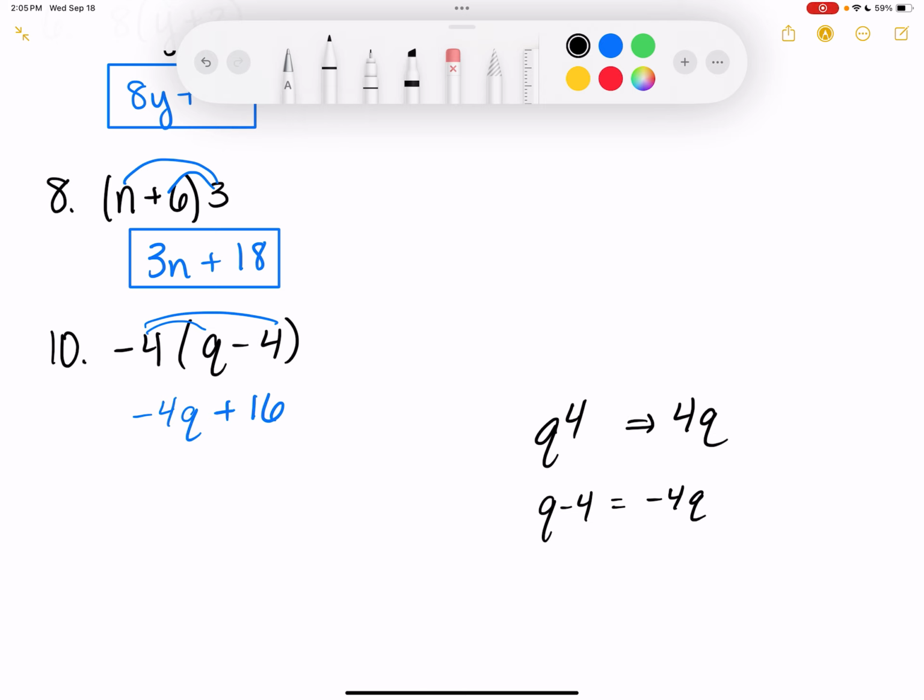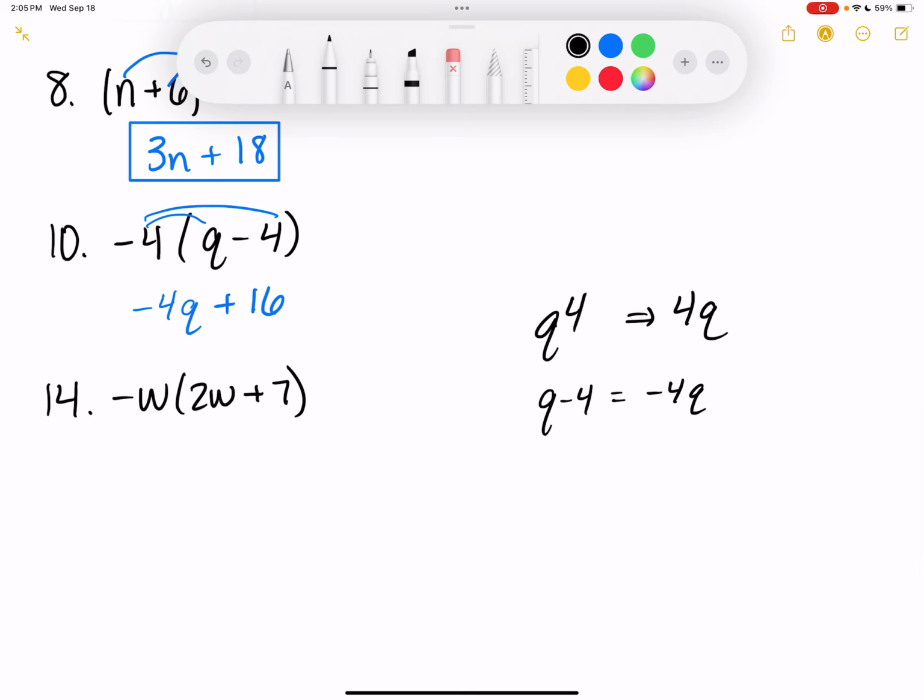Got it. Number 14: negative w times 2w plus 7. What do I do with this one? Multiply the 2w times the negative w. What do you get when you do that?